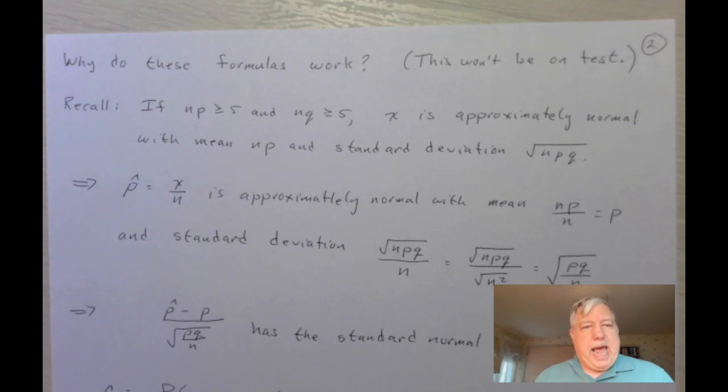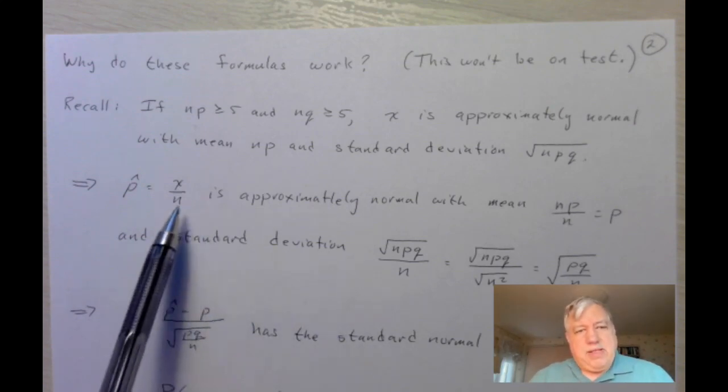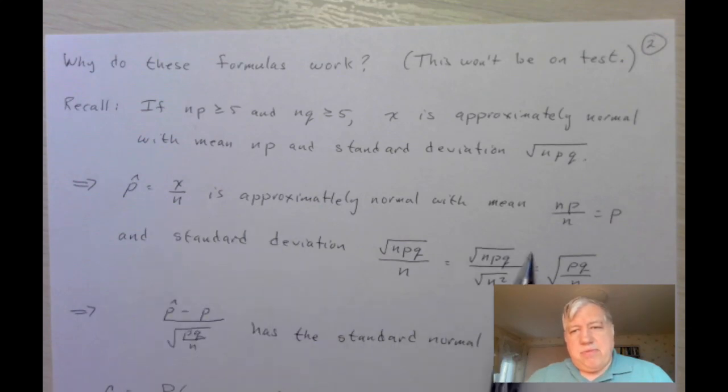Now, we can view p hat as a random variable, because we have X divided by some constant n. Because X is approximately normal, p hat is also approximately normal. The mean of X divided by n is just p.